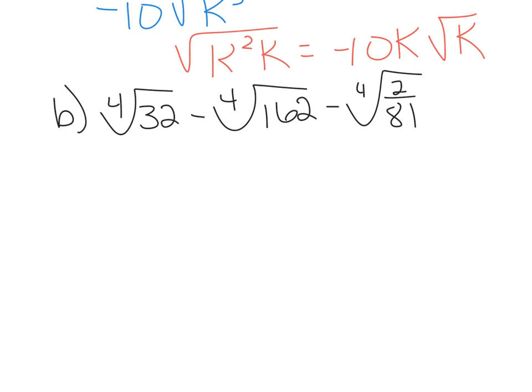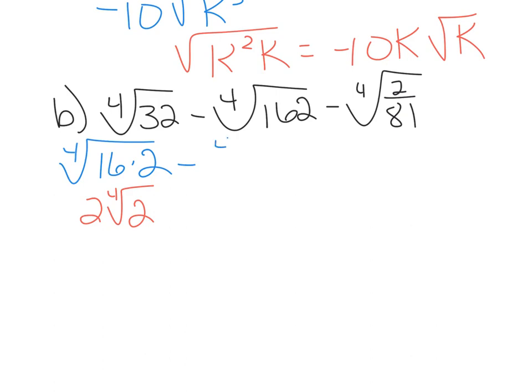So if you want to scroll back there to see, this one turns into 16 times 2. 16 is a perfect 4. So the fourth root of 16 is going to come out as 2. So this is 2 times the fourth root of 2.